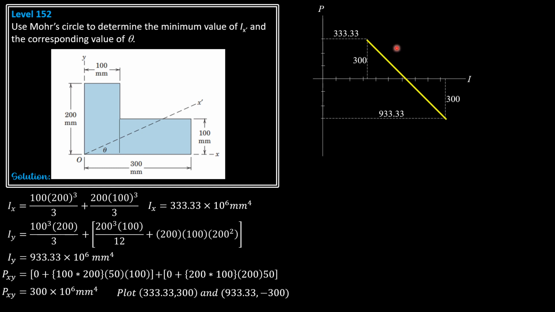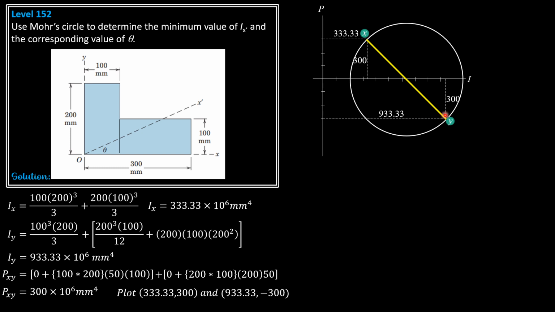We then connect the 2 points with a straight line, which is the diameter of the Mohr circle, and let's draw the circle. So the circle is there, and then we locate the center. The center is simply the average of Ix and Iy, so 1/2 of quantity 333.33 plus 933.33.